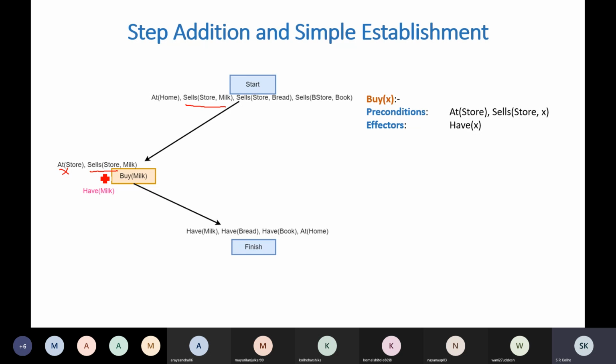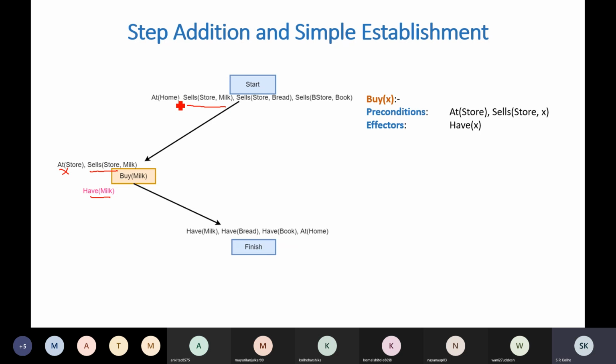To make have milk true, buy milk has to be executed. To execute buy milk, the precondition is at store and store sells milk. So store sells milk is true initially, but at store is not true. At home is true. Understood up to this?